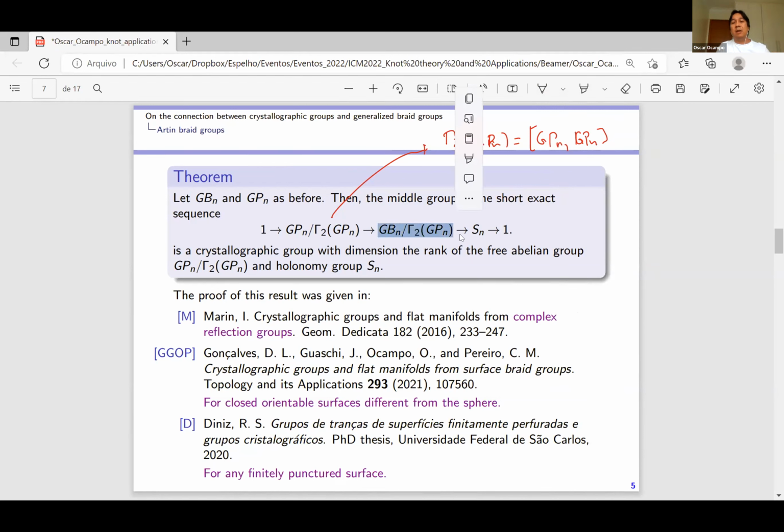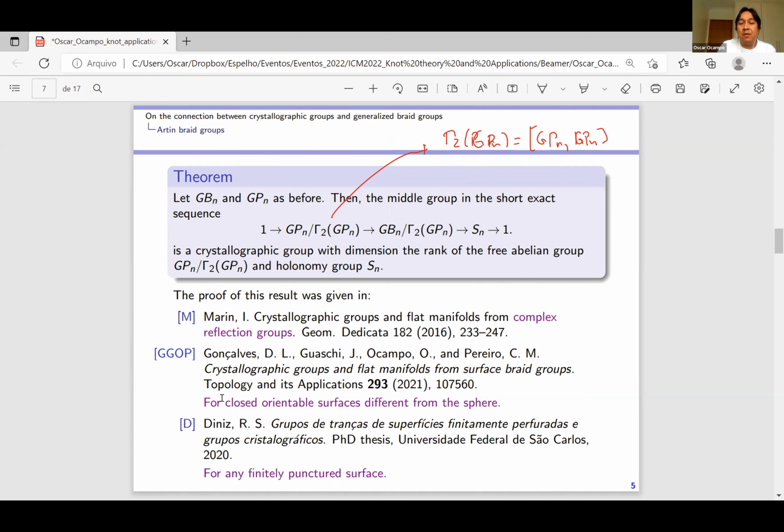This is a crystallographic group, and we have here the holonomy group, and in most cases this is a free abelian group. If you have a free abelian group, you have a rank, and this is the dimension of the crystallographic group. For the groups that I cited before, for example, for complex reflection groups, it was proved by Ivan Marin, jointly with Daciberg Gonçalves, John Guaschi, and Carolina Pereiro.